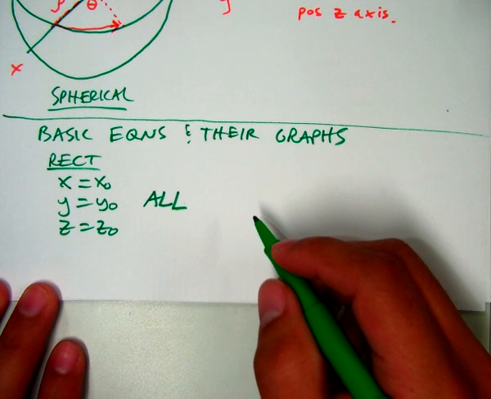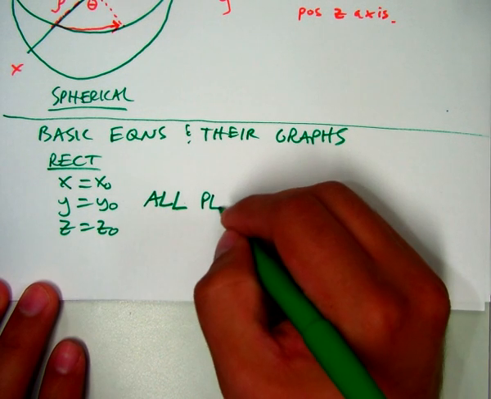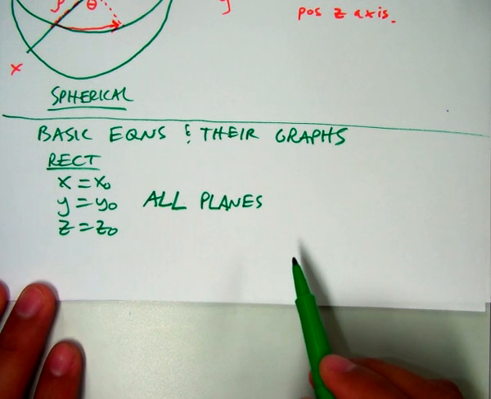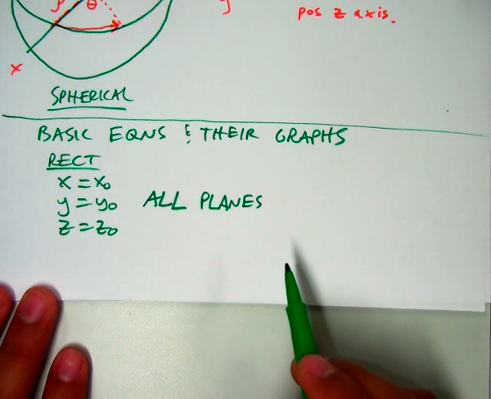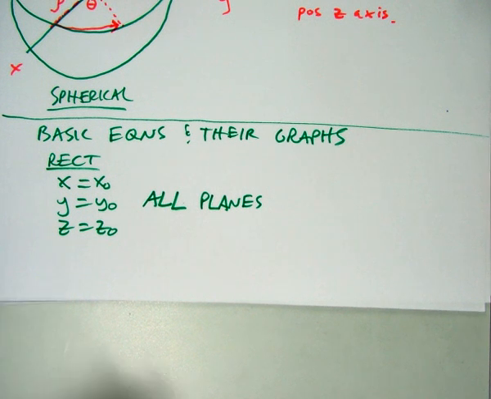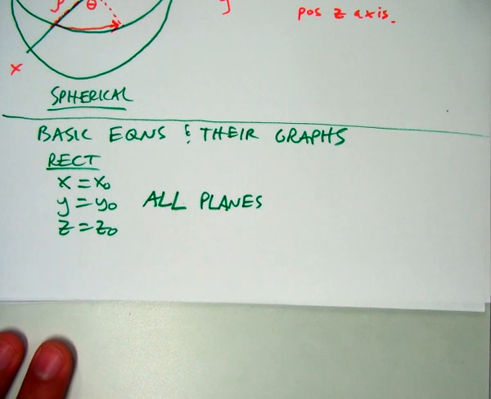Planes. They're all planes. Very good. Think two-dimensionally first. If you have x equals 5, that's a line, right? If we are in 3 dimensions, that becomes a plane. That's the easiest way to think about it.